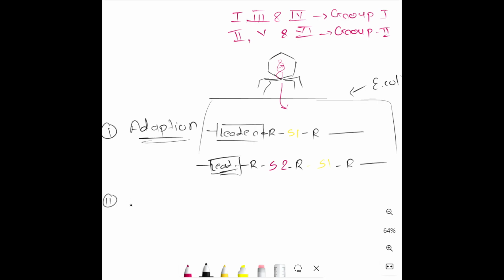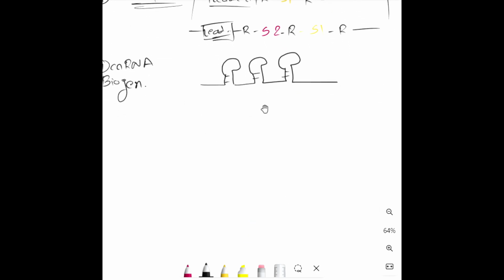In stage two, that is crRNA biogenesis, a pre-crRNA would be generated using this CRISPR array, and it would further get processed into mature crRNAs, each containing the protospacer.